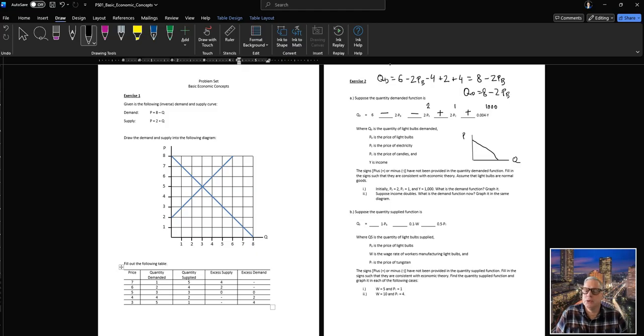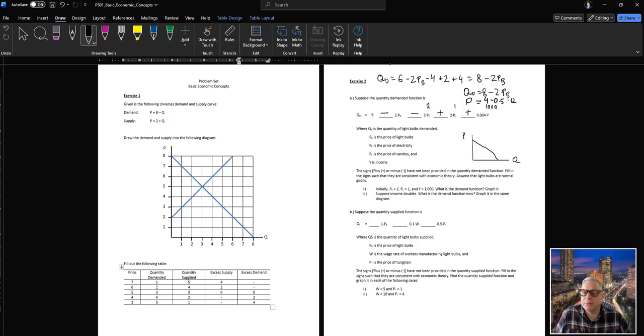We need to put 2PB to the left side of the equal sign. Then we get 2 times PB, the price of the bulb, equals 8 minus QD. Then we divide by 2, and then we get P equals 4 minus 0.5 times Q.